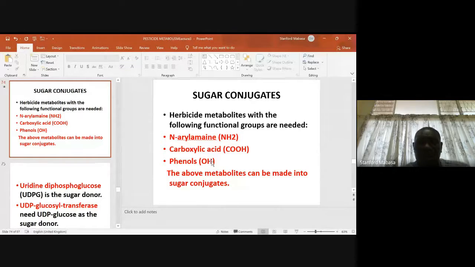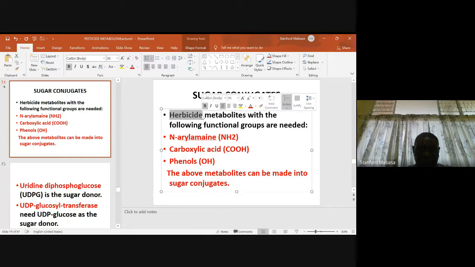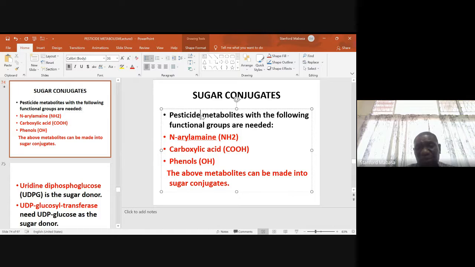So let us talk about sugar conjugates. Here we have herbicides, we can say pesticides. Pesticide metabolites with the following functional groups are needed: the amine, the carboxylic acid, the phenols.